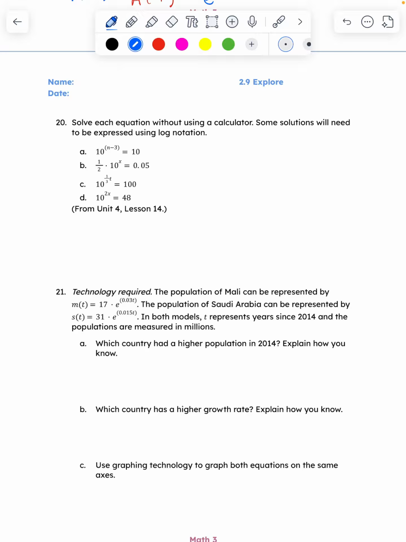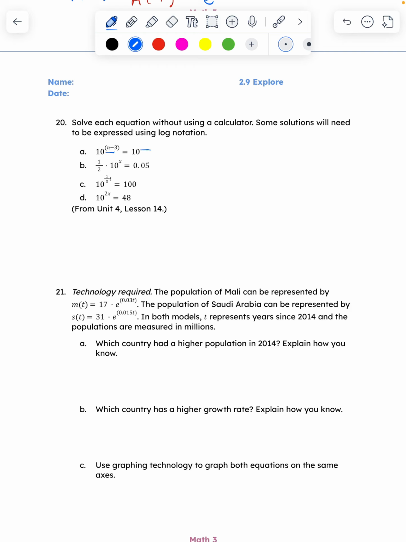Leave it. And the way I'm going to approach this is I am going to rewrite each one in a way that makes sense, either by using log notation or exponential notation or whatever is easiest. Here, right, I can use the rule that 10 to some power would have to equal 10 to the same power, right?